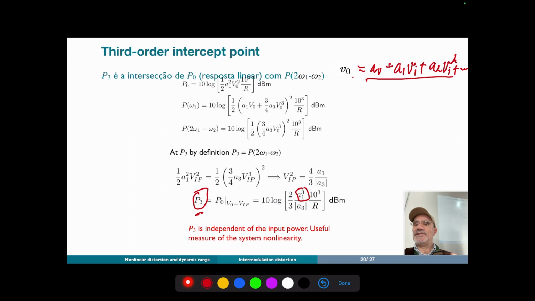And we see that it depends obviously on A3, the third order coefficient, because it's related to the third order term. But we see that P3 is independent of the input power. Okay, and so it's a useful measure of the system nonlinearity, as I said.